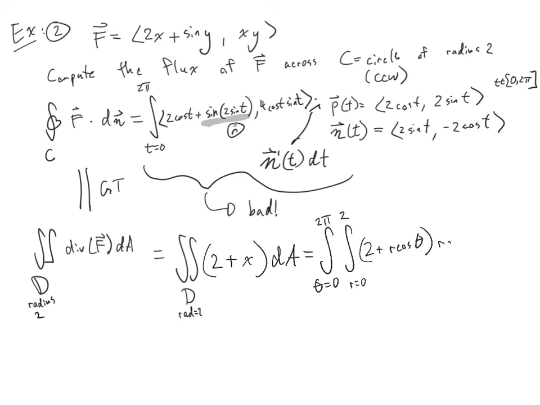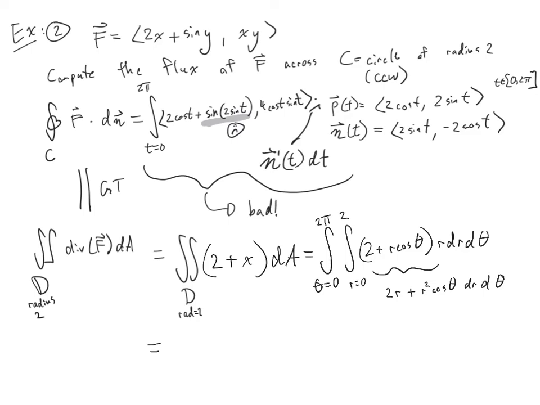And dA becomes r dr d theta. And now this integral doesn't look that bad. These have constant bounds, right? So this is not going to be that bad. So if I rewrite this as 2r plus r squared cosine theta dr d theta.